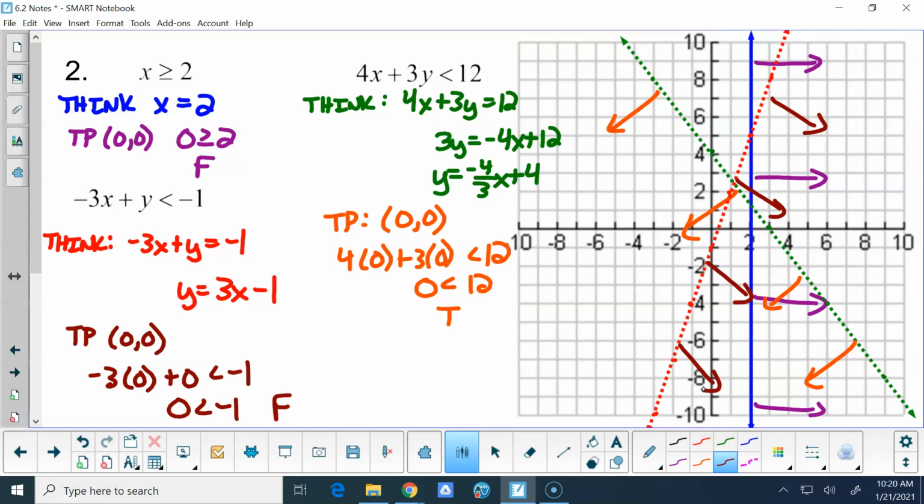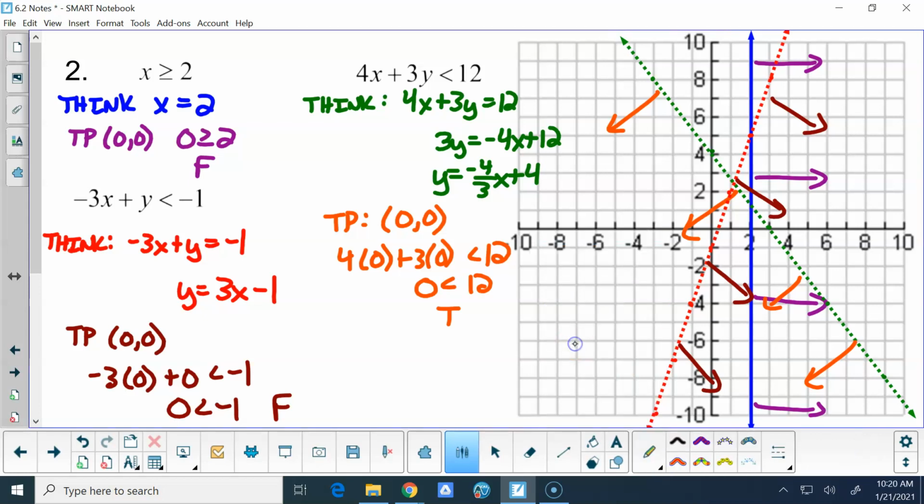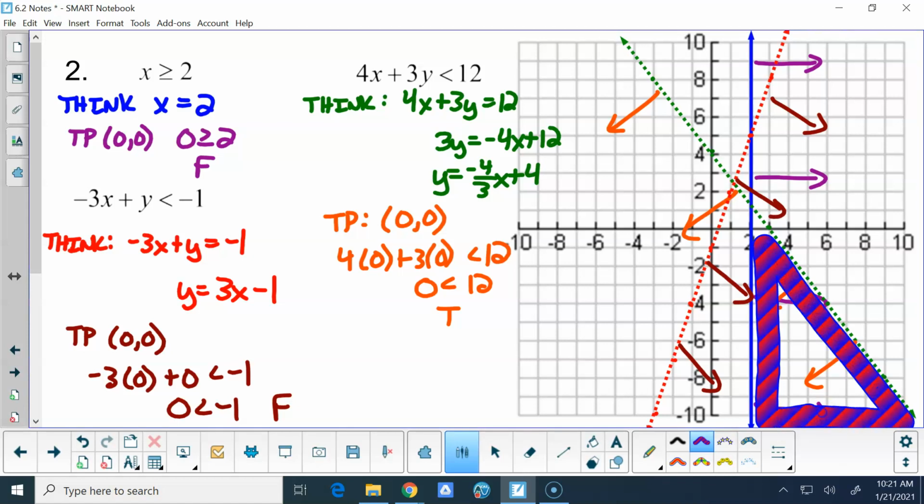So the only spot where all of the arrows are going is here. That's right, great.